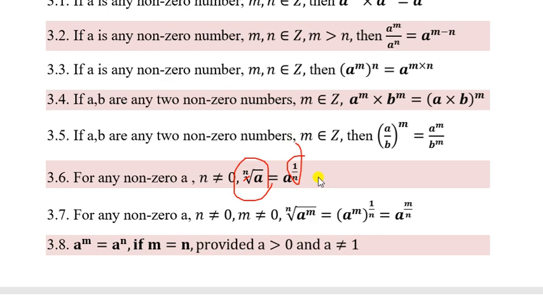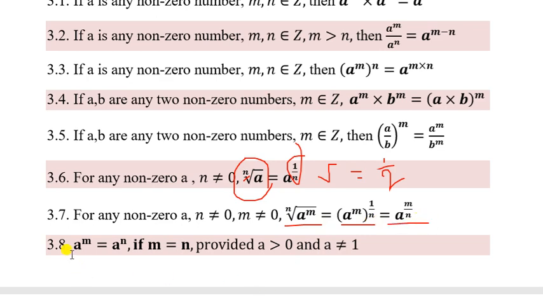And the value of a square root is equal to the power 1 by 2. Remember that we have to write power 1 by 2. Now the next law, easily you can identify, m by n.